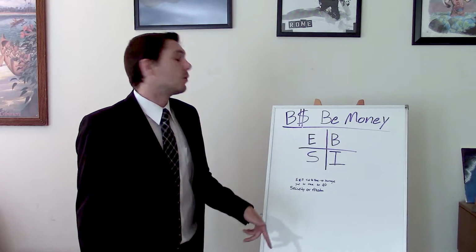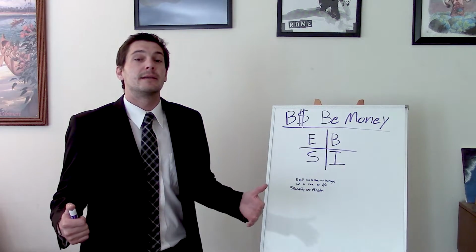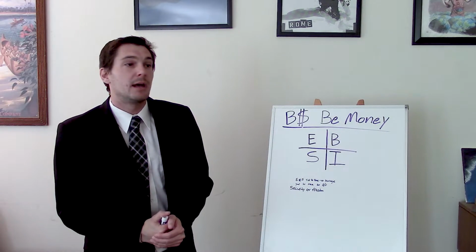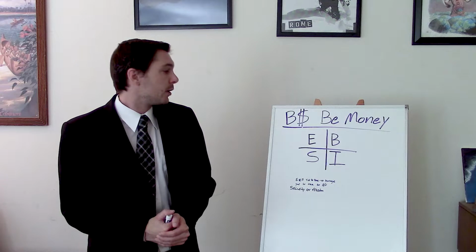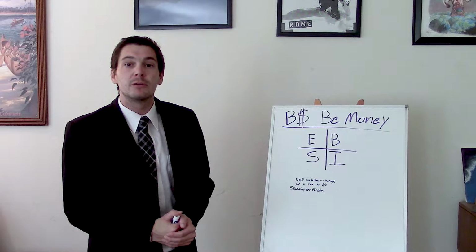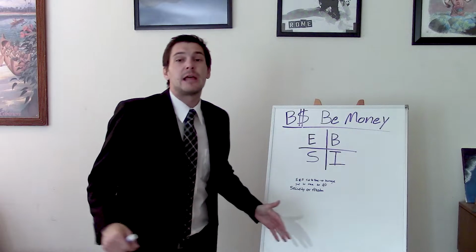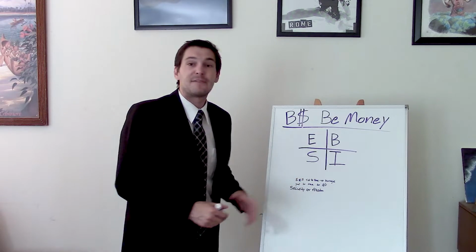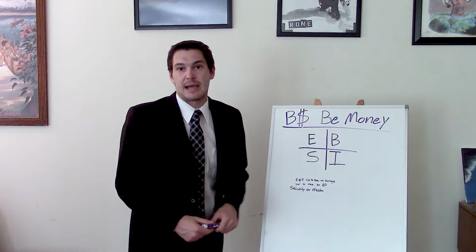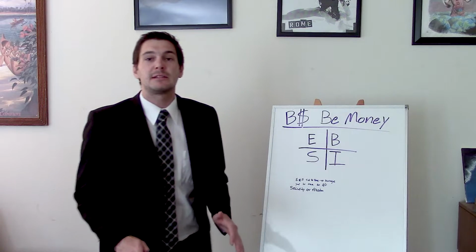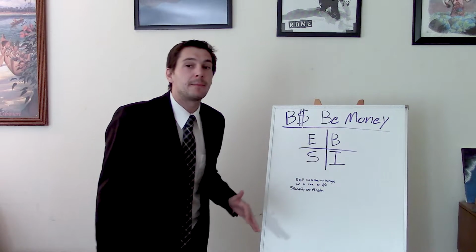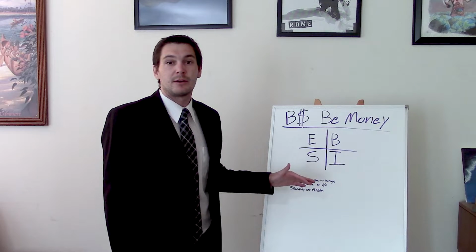That's how you're going to eventually retire, get that cash flow so you can go do whatever you want and quit work or start a new career. But you can't do that without cash flow. The whole point of life is to get from this side to this side. I'm so sorry they didn't teach you in school, but that's the program that I've been running for the last 10 years.